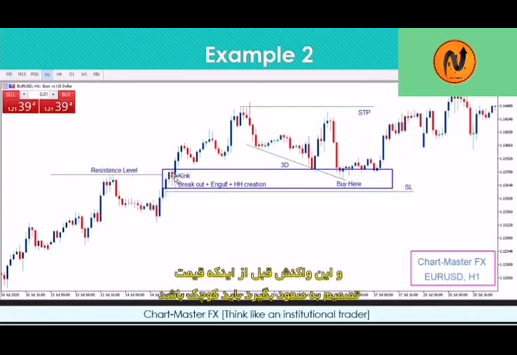And the reaction should be just small before the price decides to go up. So once you see this condition where the price was able to engulf the resistance line and drop a little bit before creating a new higher high, before breaking this high, then we validate that as a flag limit.